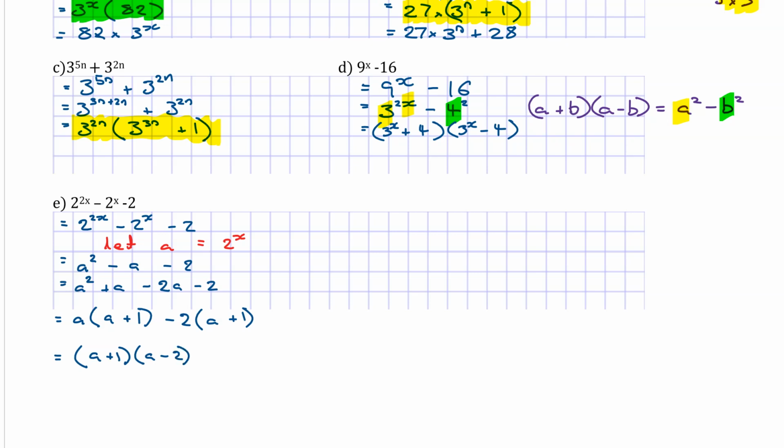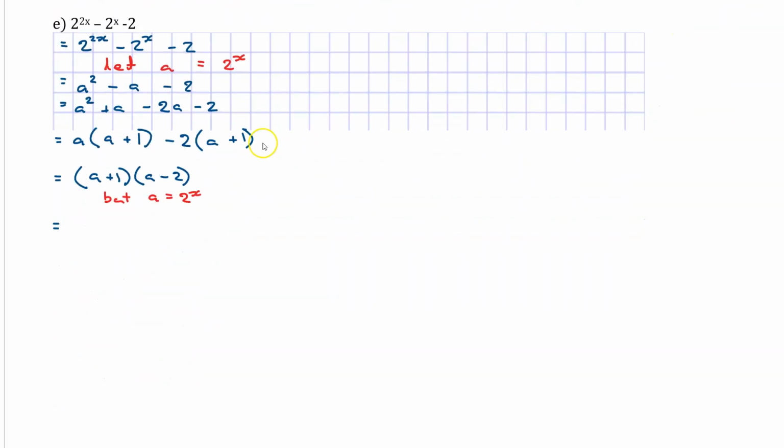And then recalling that a equals 2 to the x, we can simply rewrite this as 2 to the x plus 1, 2 to the x minus 2.